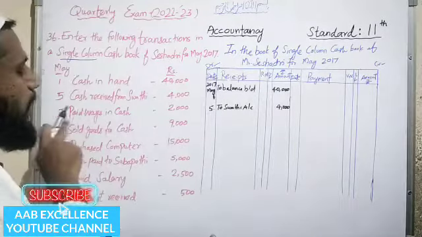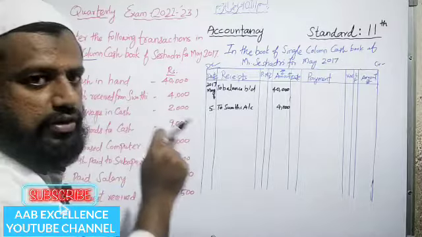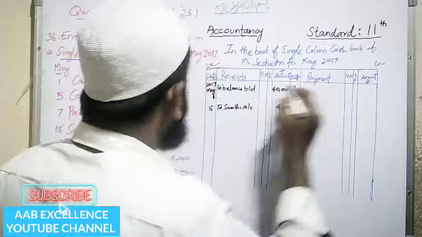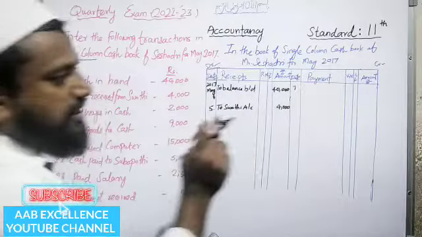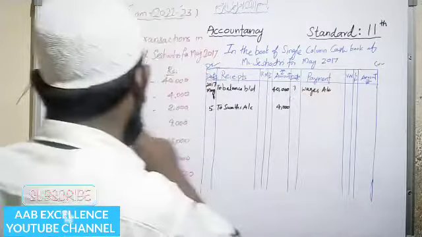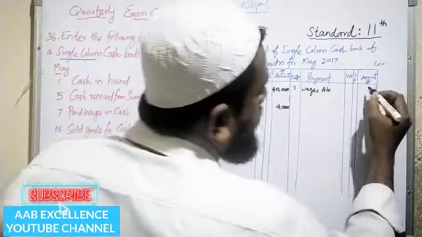Then paid wages in cash. This transaction is a payment transaction. So date 7, for what purpose? Wages. So wages account, payment. How much? 2,000 rupees.